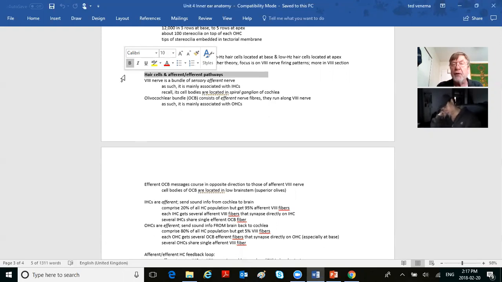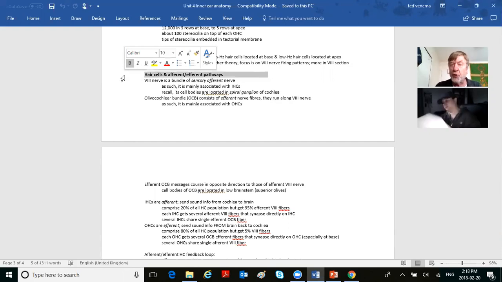Olivocochlear bundle, OCB, is that little country gravel road running alongside of the interstate between St. Louis and Kansas City. And that bundle, that neuron or that nerve runs along the eighth nerve, but in the opposite direction. And it goes from the brain to the outer hair cells.